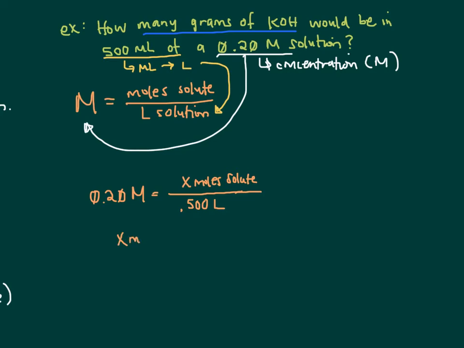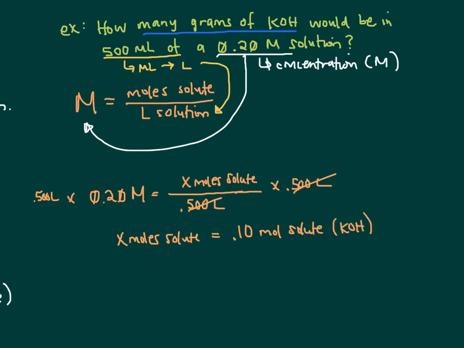We have to multiply both sides by 0.500 to get that out of there, and we end up with 0.10 moles of solute. And again, our solute is KOH. But what it asked for in the question was grams of solute, and you have moles. So that should be pretty easy.